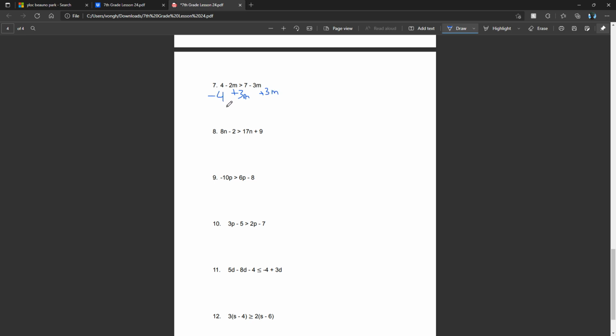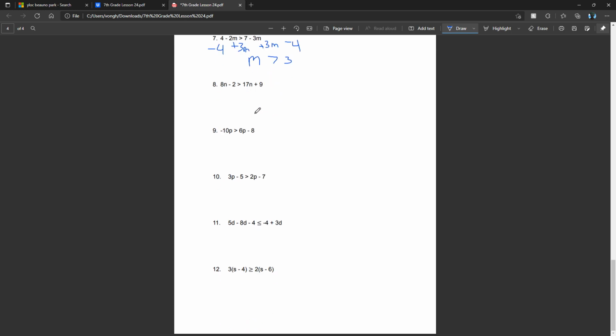And subtract 4 on both sides to get rid of this 4. So that's negative 2m plus 3m, that's 1m. And then 7 minus 4, that is 3. So m is greater than 3.